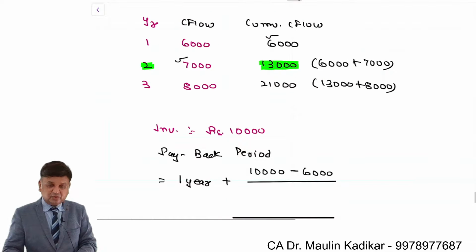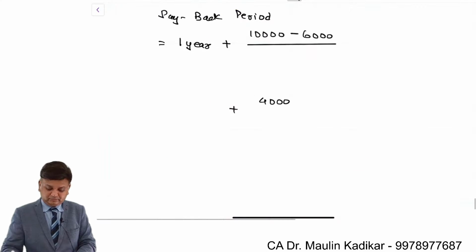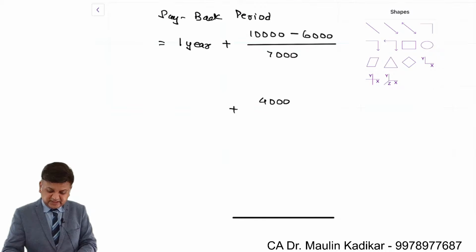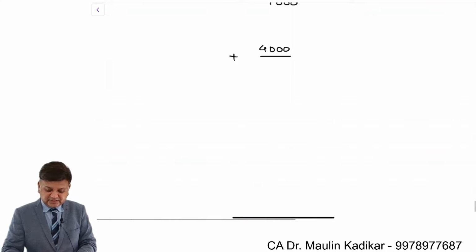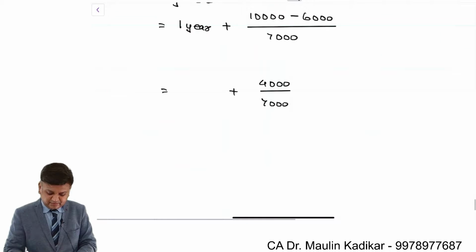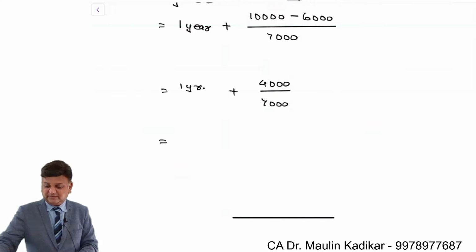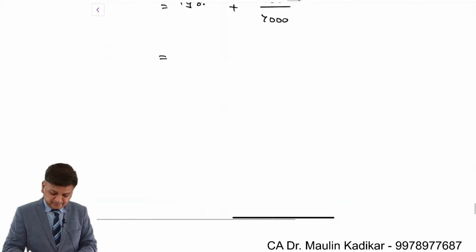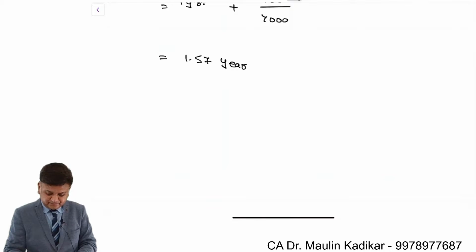And second year cash accrual is 7,000. So 4,000 divided by 7,000 indicates the fraction of the second year in which we are able to recover the remaining amount. So 1 year plus 4 divided by 7, it comes to 0.57. So the answer is 1.57 year.